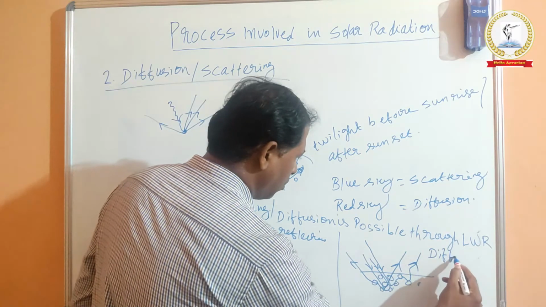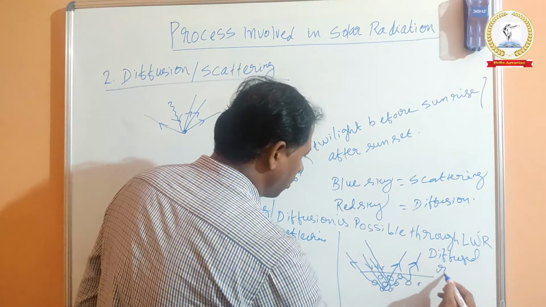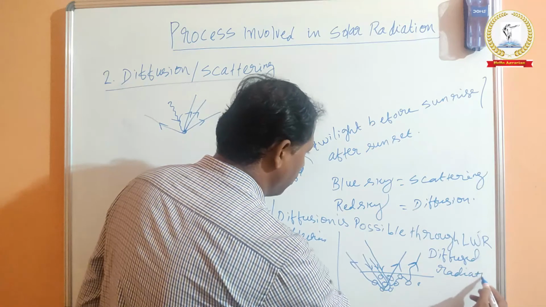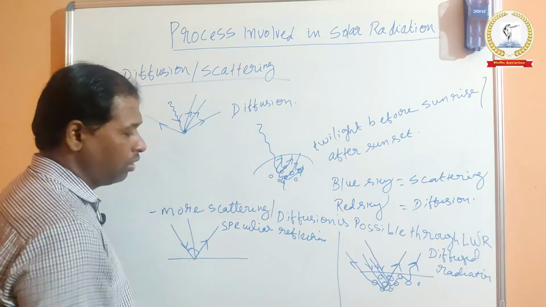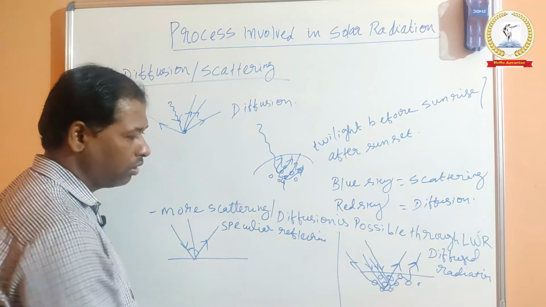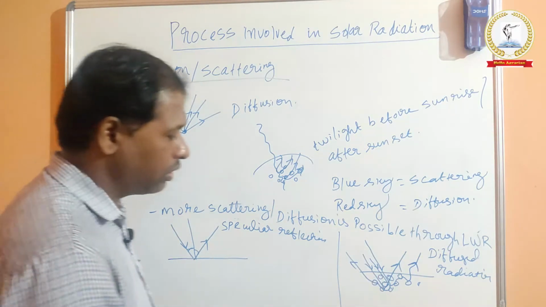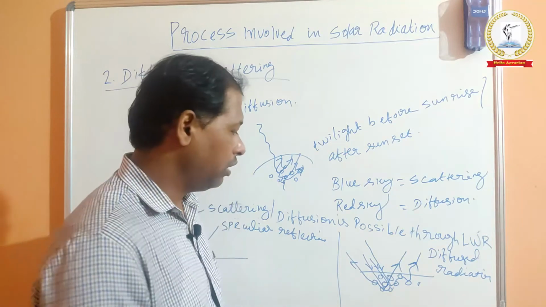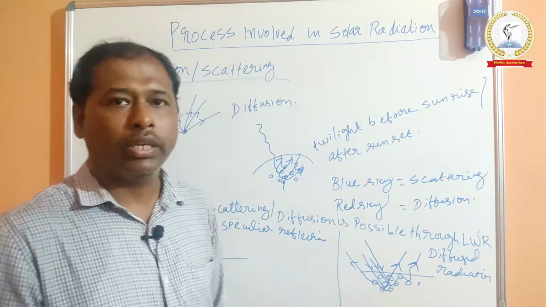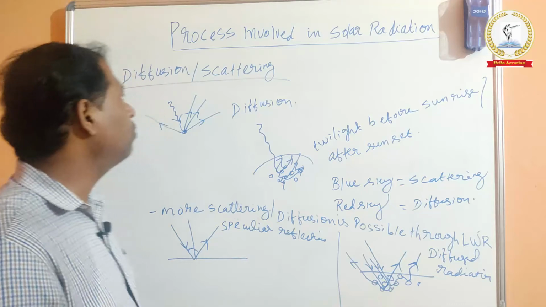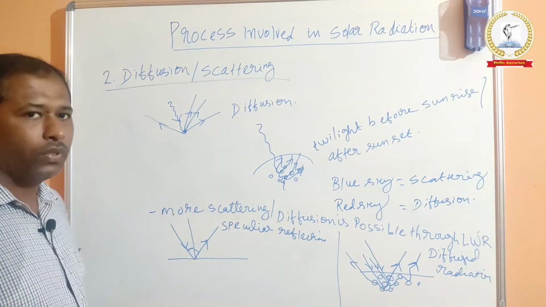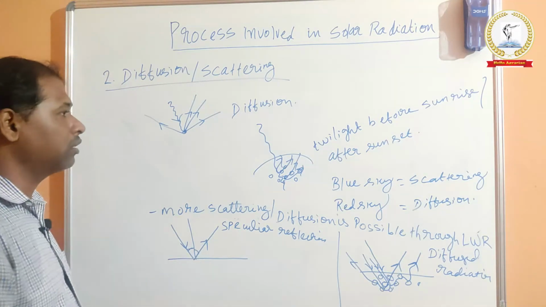So it is called diffused radiation. The light passing through different suspended particles causes diffused radiation. I hope you all understand about this diffused or scattering radiation.